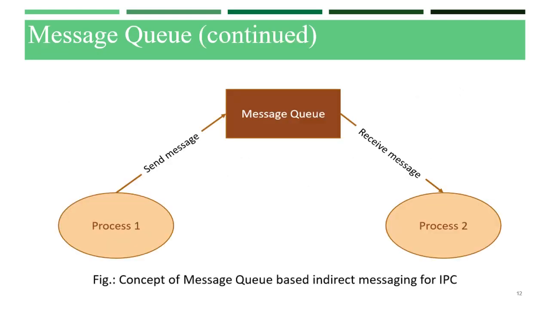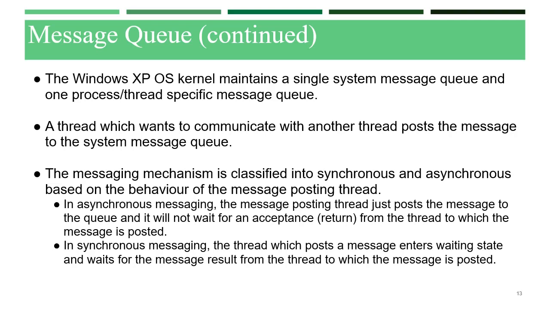This figure shows the messages being sent and received through send and receive methods. The Windows XP OS kernel maintains a single system message queue and one process or thread specific message queue. A thread which wants to communicate with another thread posts the message to the system message queue.